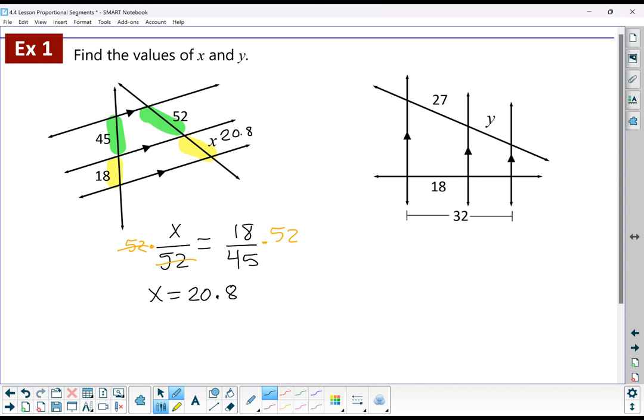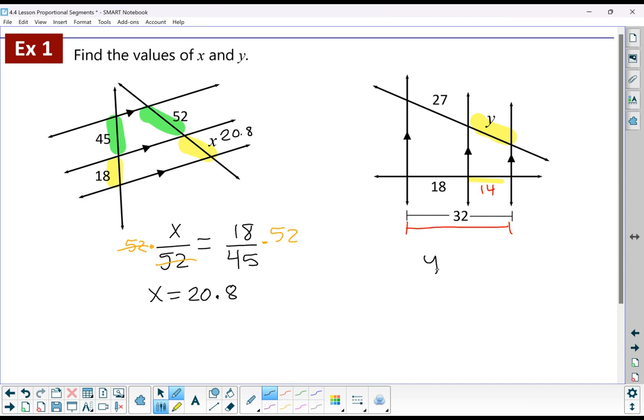Okay, in this diagram, we're trying to find the value of y. Here's y. I'm going to divide y by this length, which is not on the diagram, but we can calculate it because we know this full distance is 32, so 32 minus 18 gives us 14.